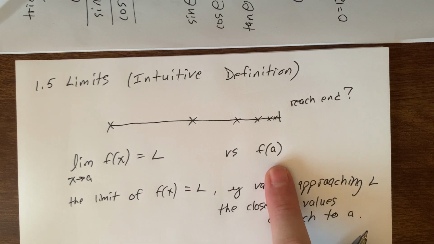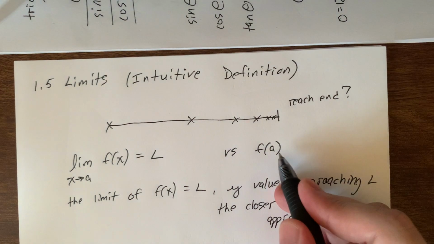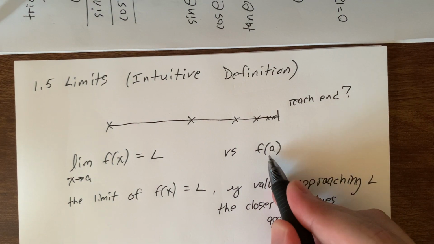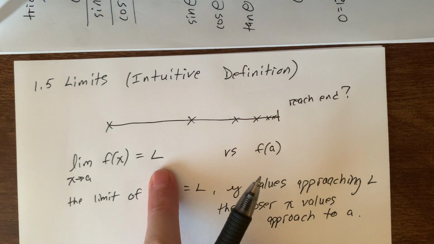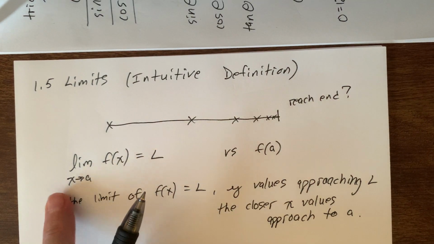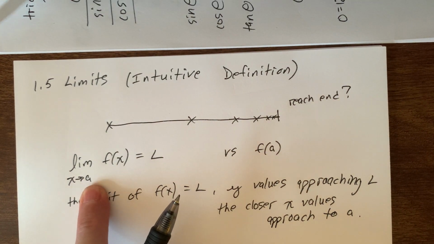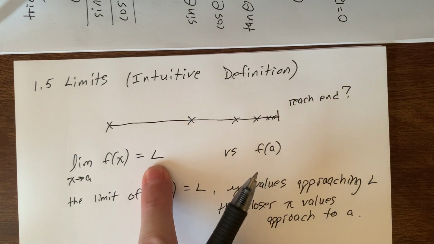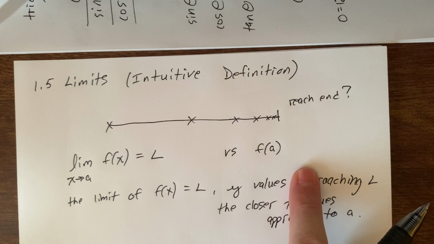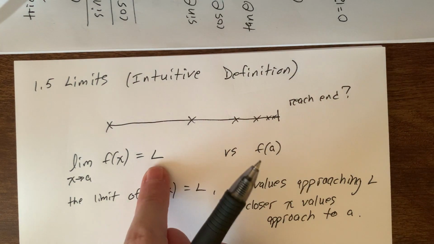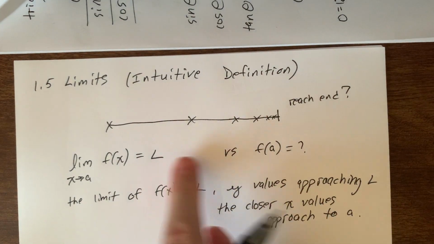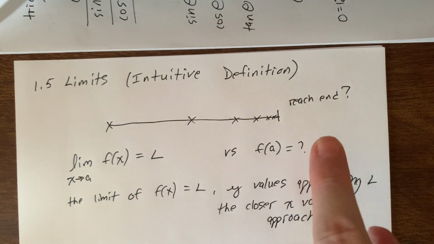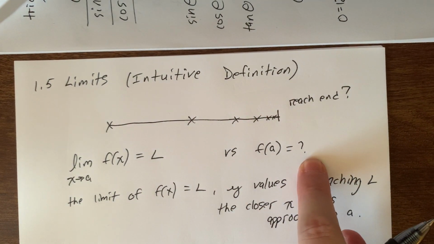But the idea of function notation is exactly when the x value equals this a value, what is the y? Here, as we approach this particular x coordinate, what is the y value that we approach? So do you see that subtle little difference? The answer to both of these, this value L and whatever this happens to equal, both of these are y's. This is the y that we actually hit.